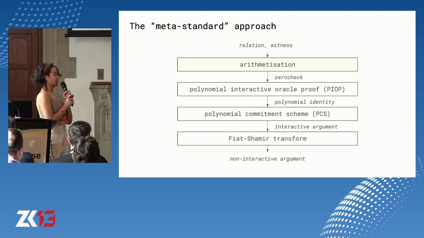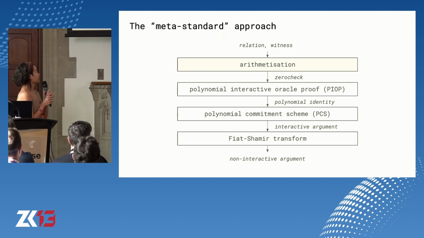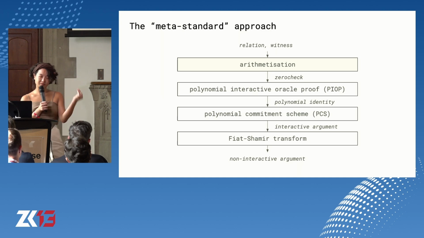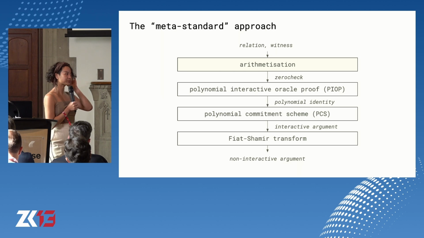Especially, I think all of us are familiar here with the modular structure of modern proof systems. That, for example, you can swap out a PCS, depending on if you're optimizing for a fast prover, if you're optimizing for a small proof, and so on.